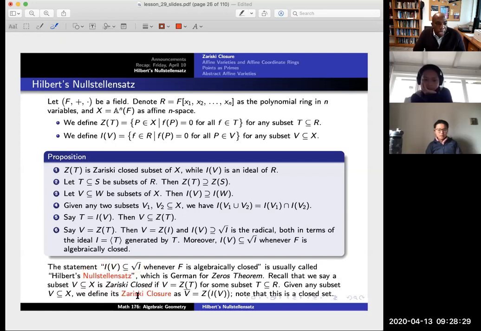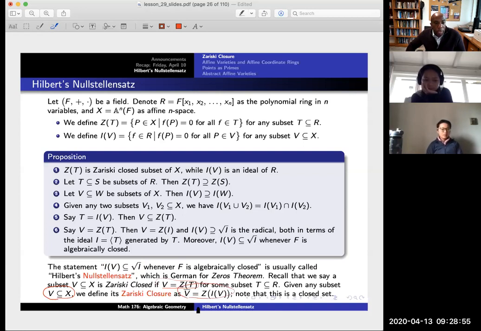Finally, I wanted to say that we have a definition here. We say that a subset V is Zariski closed, you'll remember, if V looks like Z(T) for some subset T. I want to make a slightly more general definition here. Given any subset V of X, I'll define the Zariski closure as the following.